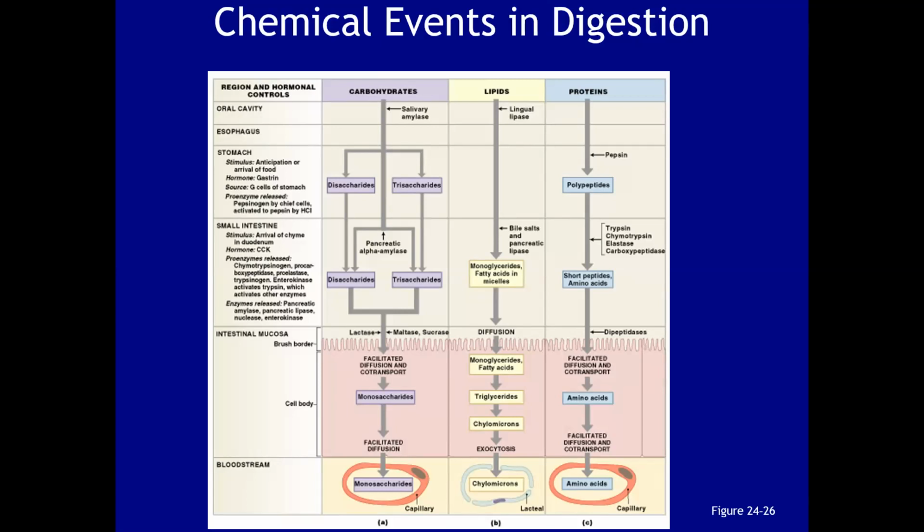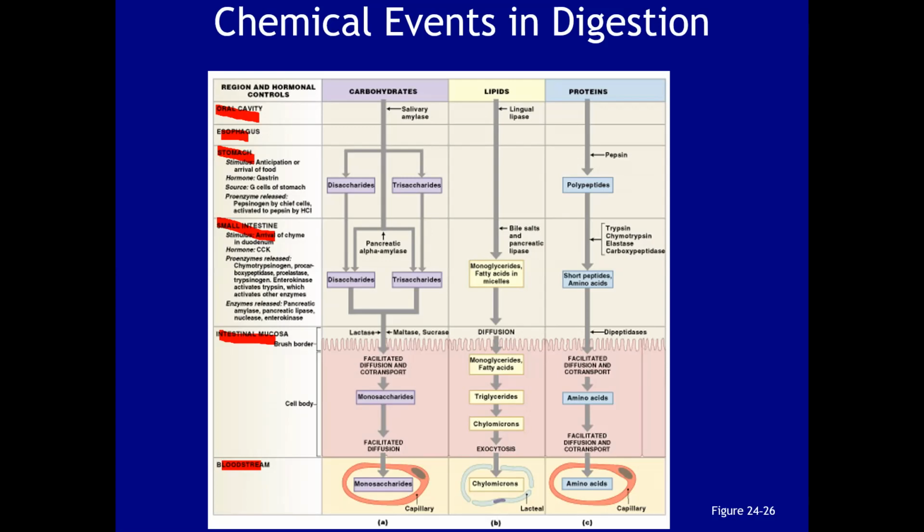So here on the left side, you can see the different areas of your digestive system: oral cavity, esophagus, stomach, small intestine, then the mucosa of your intestine, and then your bloodstream. All right. So what is broken down?